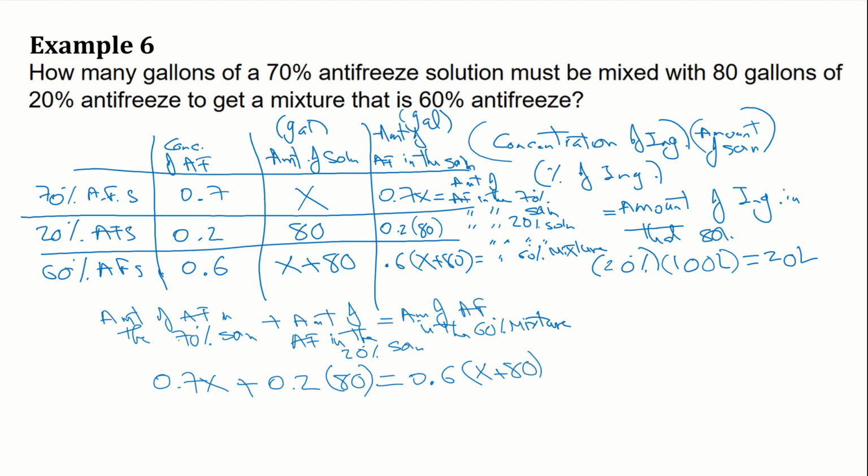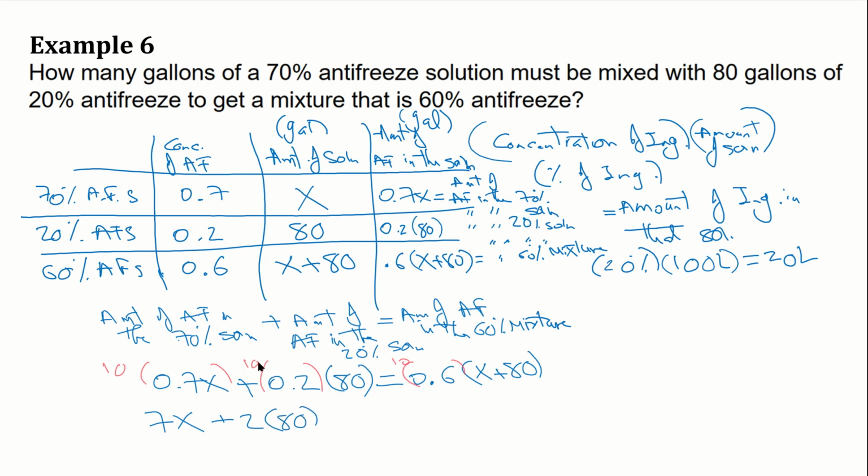Now that equation is relatively simple to solve. We'll get rid of the decimals by multiplying both sides by 10. Remember, because of distribution, that means every term is going to get multiplied by this 10. And once we do that, we end up with just 7x plus 2 times 80.